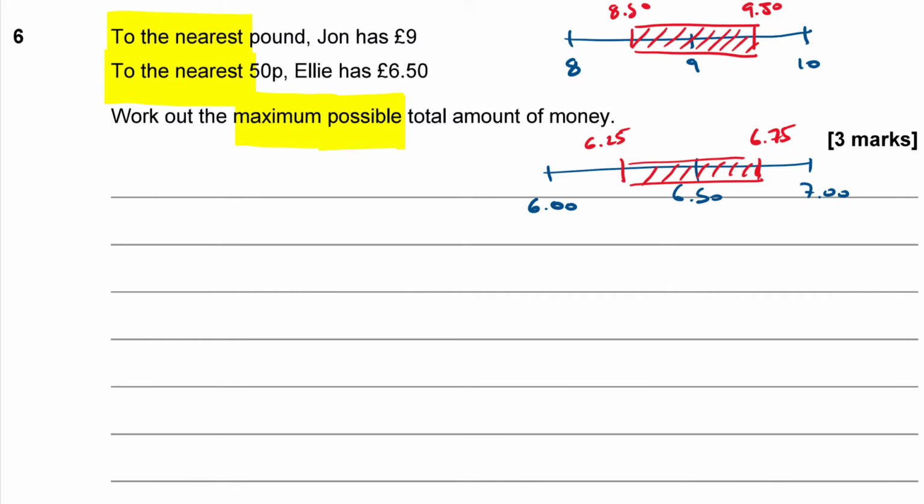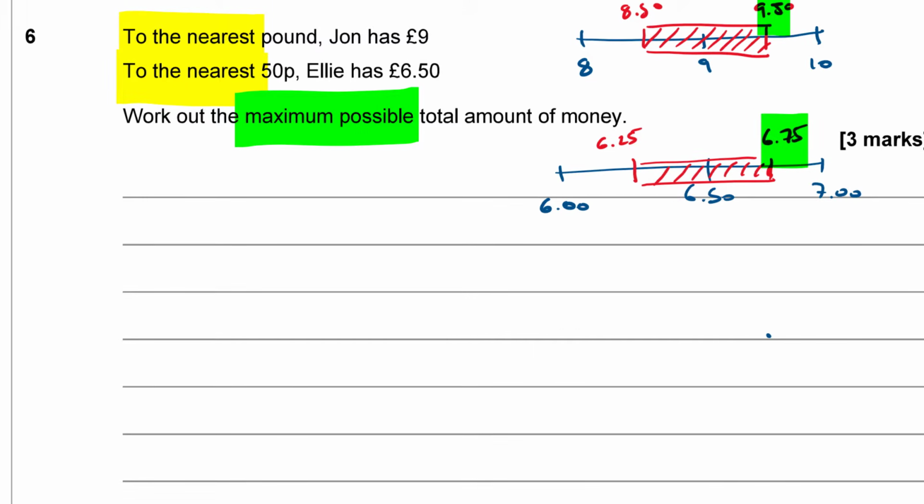Now, we want the maximum possible value. The maximum possible means in this case, if I'm going to add these two together to get their total, I'm going to be adding the upper bounds together. Normally in these limits of accuracy questions, I would advise you just to use these maximum values in your calculation, so you would use 9.5 and 6.75.